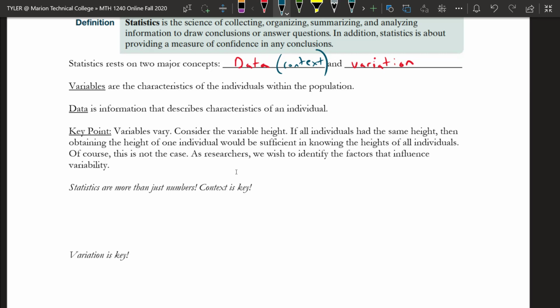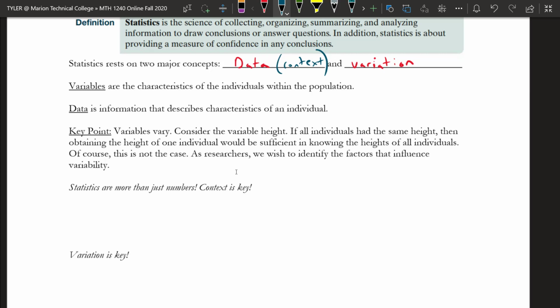A statistic is not just a number. It's a number with context, and we'll talk about that in a little bit. But data doesn't have to be a number. It can also be what we call qualitative. For example, gender is data. What gender you are is not necessarily a number, but I'm putting there that context is very important.